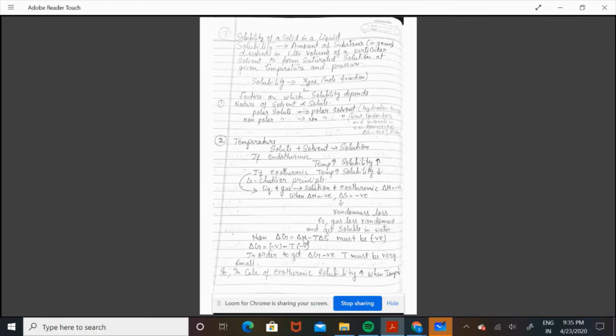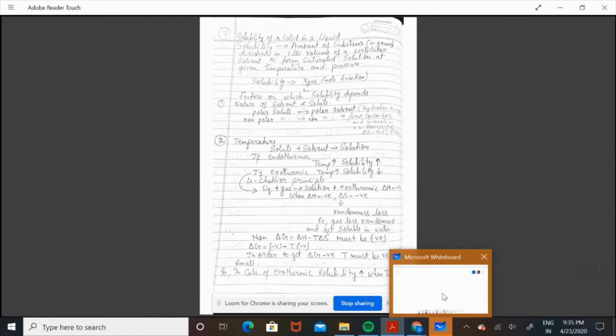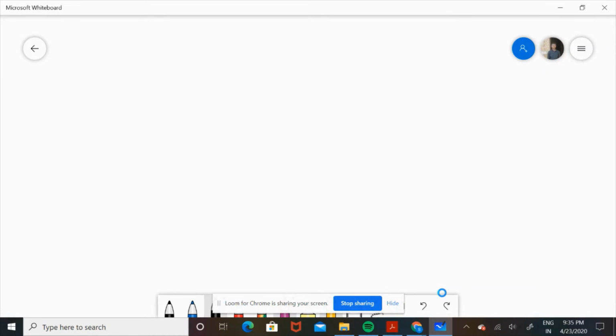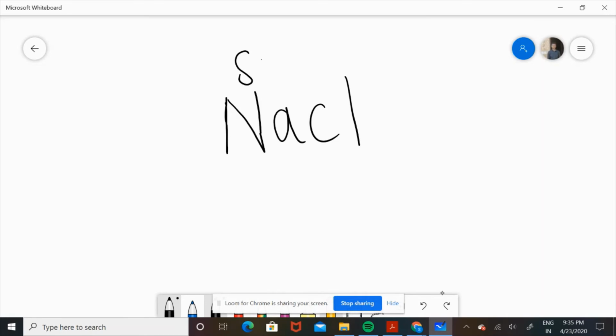And if I talk about non-polar, non-polar is like benzene. So if I have a solution of NaCl, it has some charge, delta positive and delta negative.